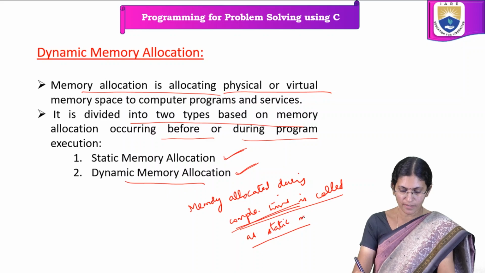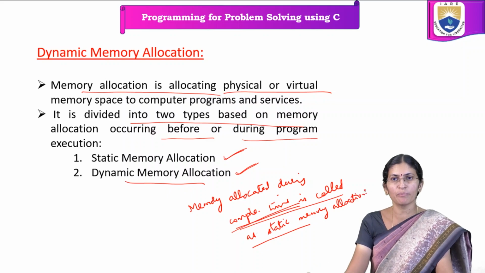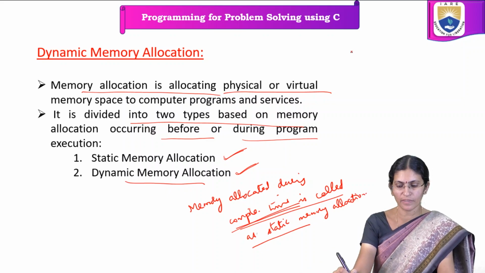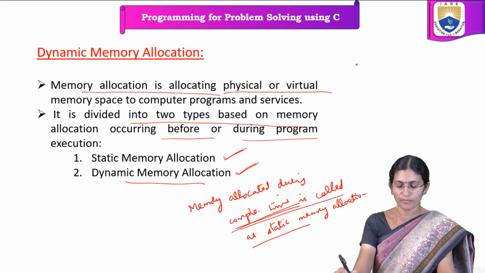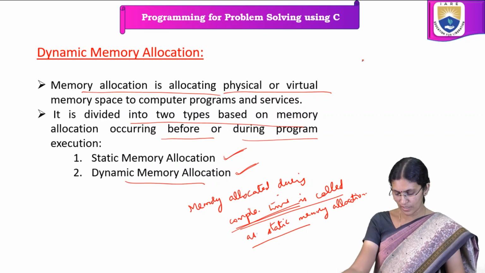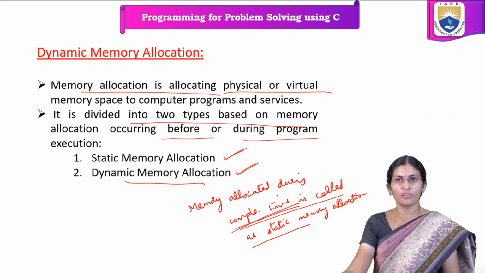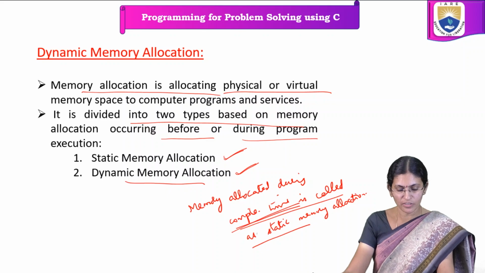So that is called static memory allocation. In static memory allocation, once we declare some specific size, the memory which is allocated will remain fixed. During execution of the program, we cannot change the memory which is allocated.